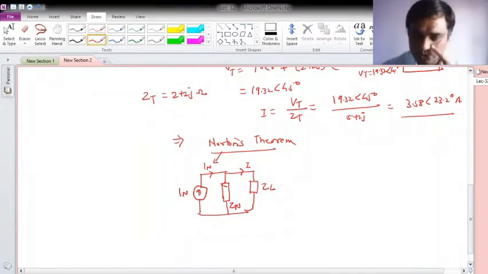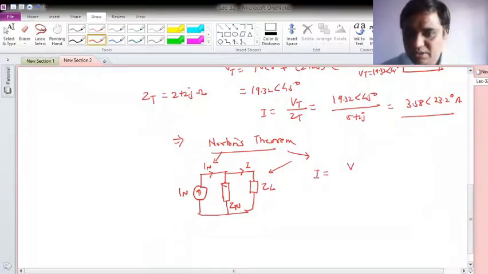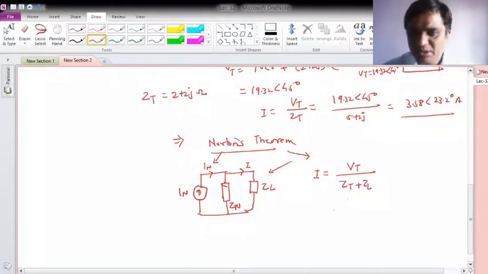Okay, so as we know, let us start from Thevenin's and let us derive this. As we know, for Thevenin's, the current can be written as Vt upon Thevenin's impedance plus your load impedance. Now what I'll do, I'll take Zt as common.